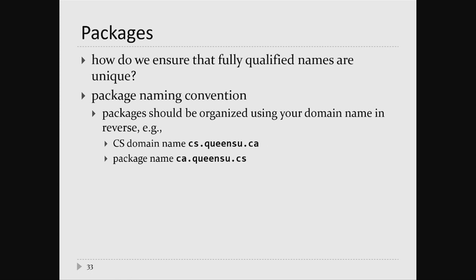And there is a central authority that ensures that internet domain names are unique. So this is Java's way of trying to force uniqueness of package names. All you do is reverse the order of the pieces of your domain name. So the package name for the computing science department at Queens would be ca.queensu.cs.